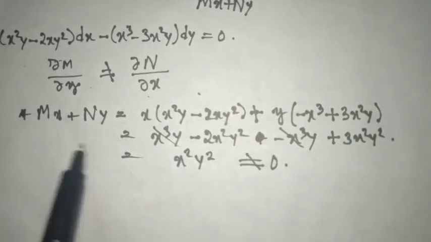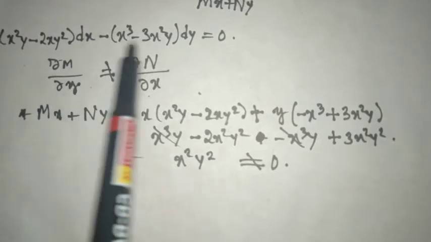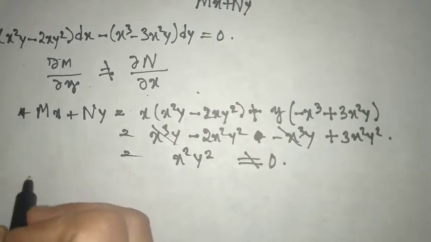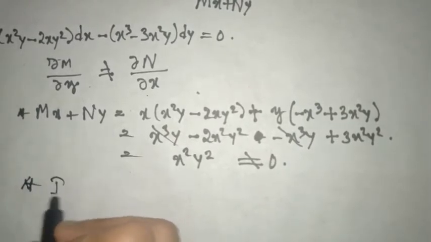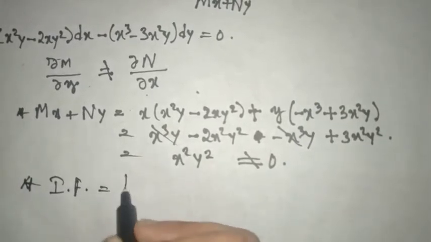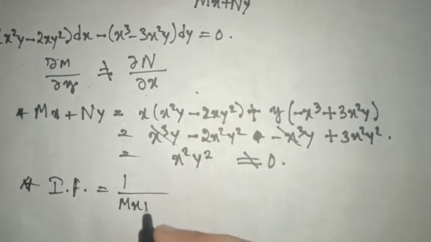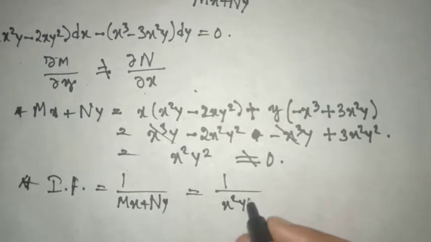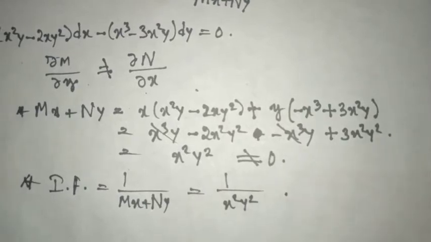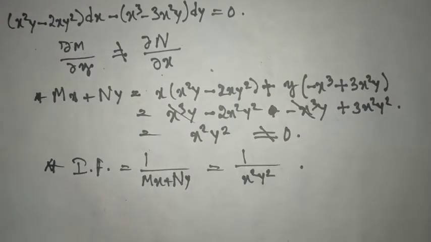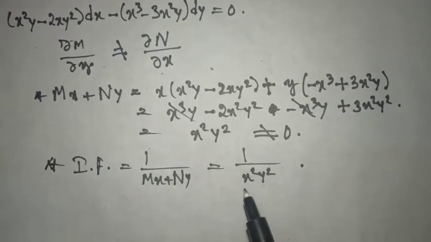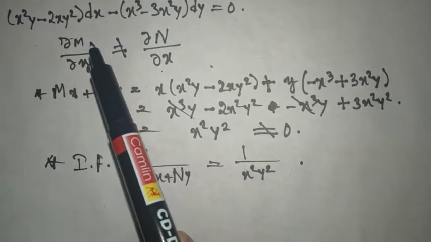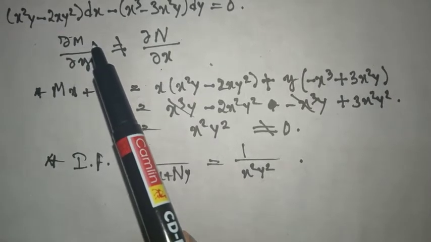Now Mx plus Ny is not equal to 0 and this is a homogeneous differential equation, therefore its integrating factor will be 1 by (Mx plus Ny), that is equal to 1 by x square y square. Now we will multiply this integrating factor to the LHS of this differential equation to make it exact and find its solution.